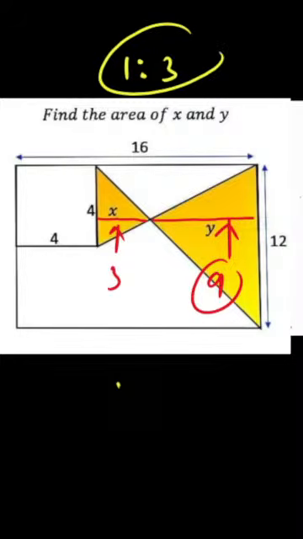You can solve for the area of the triangle individually, and on solving that, your value for x is going to be 6 and y is going to be 54. I hope it is clear.